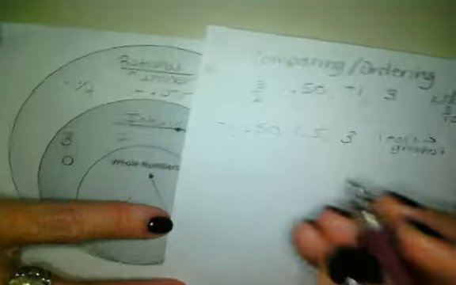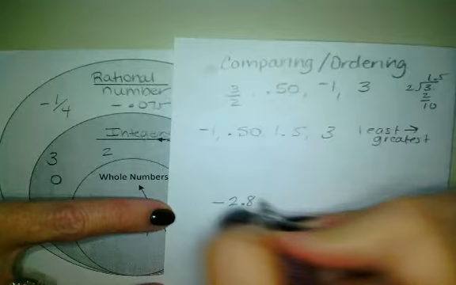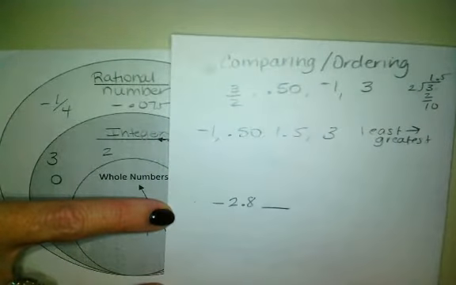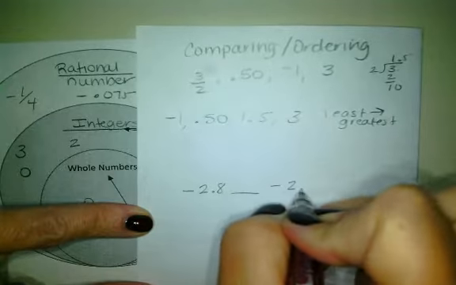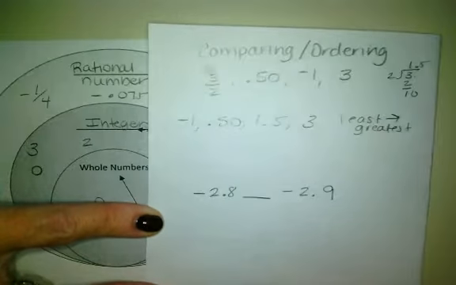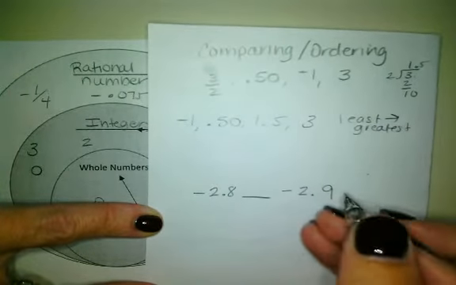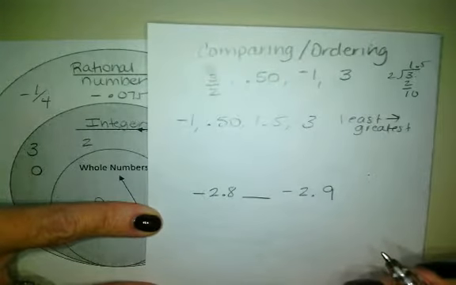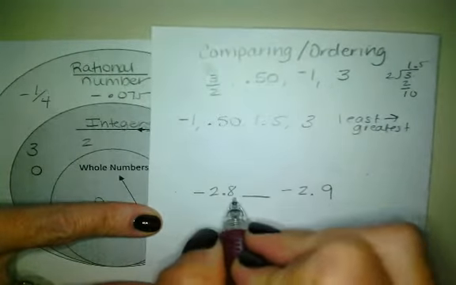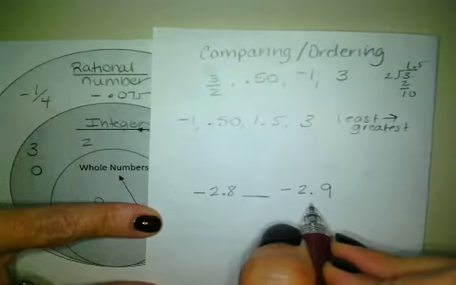Now you also might see it like this, where you might have -2.8 with a little slash like that, and maybe -2.9. And it'll say, okay, you have your greater than, less than, and equal to. Those are called inequalities. So you need to look at this and decide which one: is -2.8 greater than -2.9 or less than -2.9?